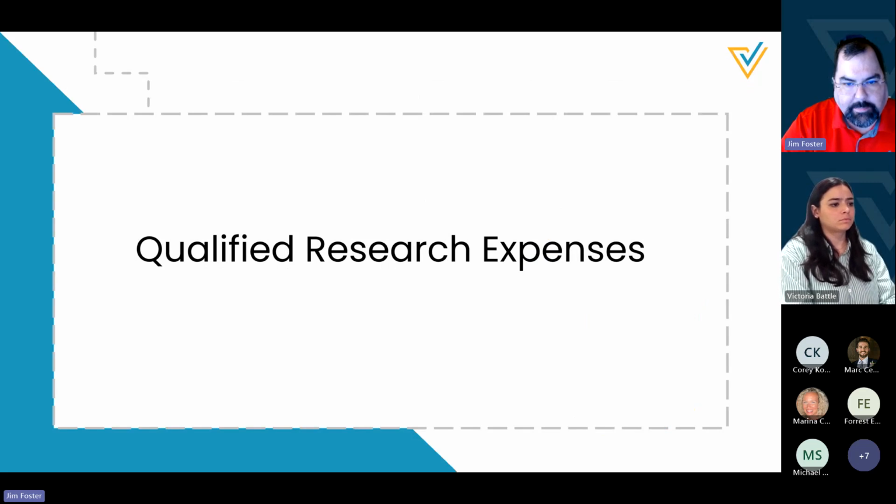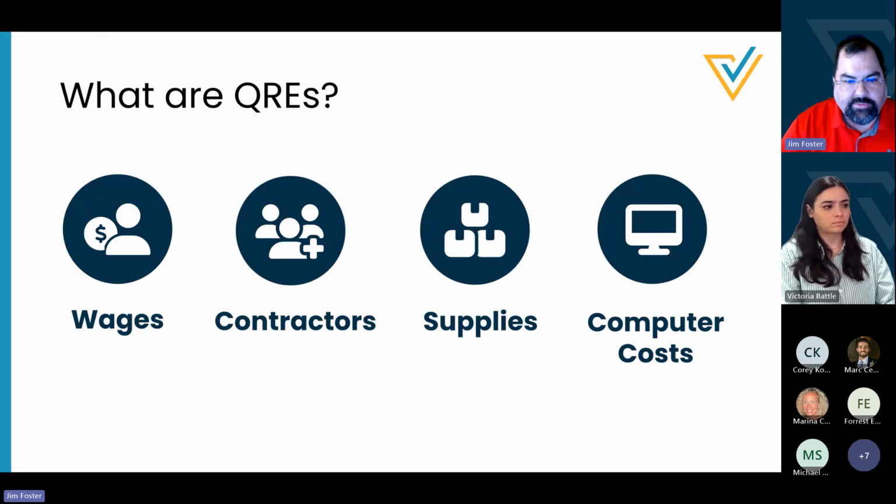Qualified research expenses, QREs. This is the driving factor for how much credit you're going to be able to get generally. And there's only 4 buckets of cost here: wages, contractors, supplies, and computer costs.